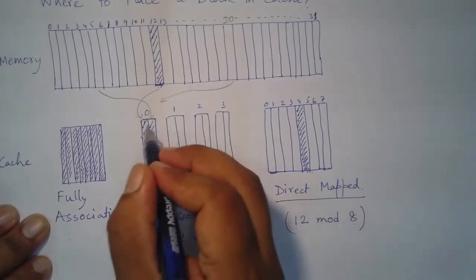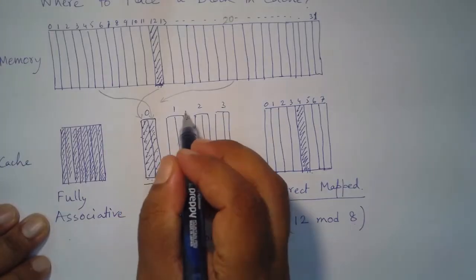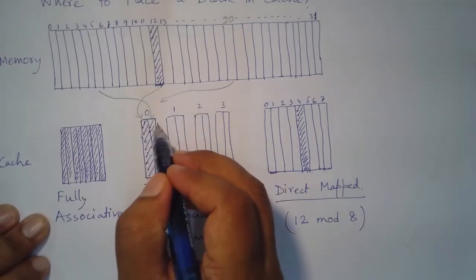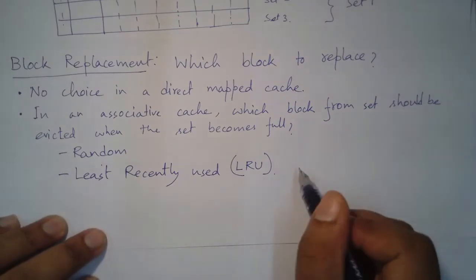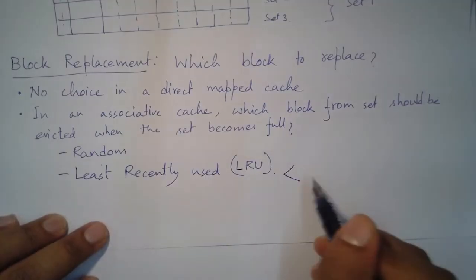We will evict the block which has not been used for a longer duration, and in that place we will bring in the new block, because it also preserves temporal locality.